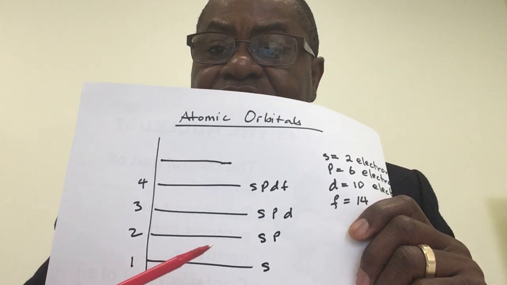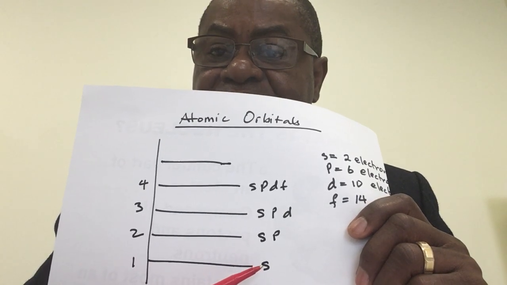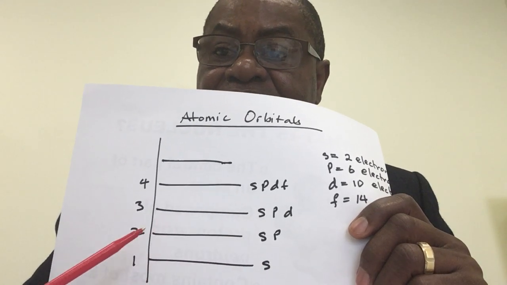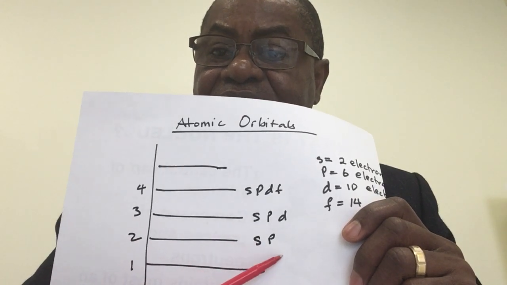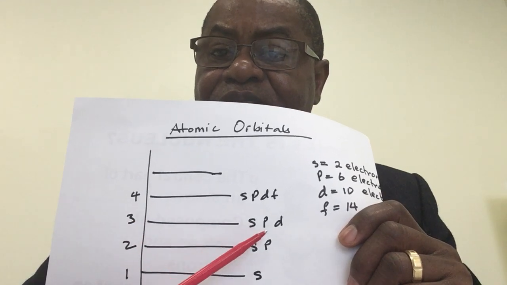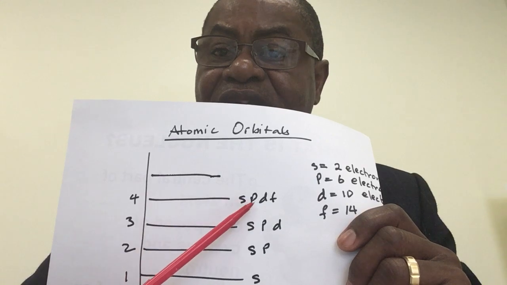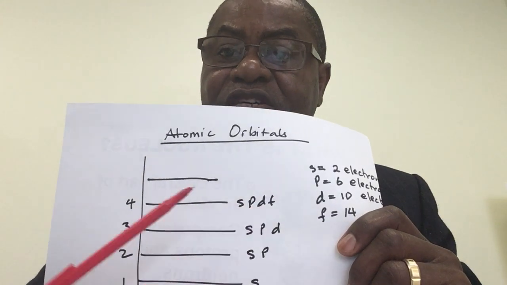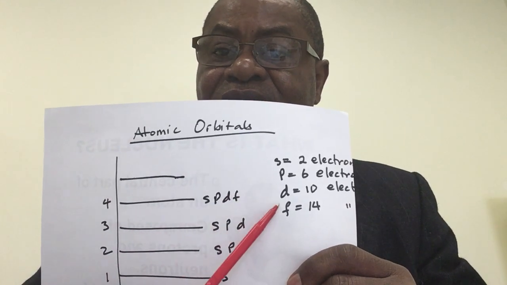Energy level 1 is represented by the S orbital. Energy level 2 has two kinds of orbitals, the S and P orbitals. Energy level 3 has the S, P, and D orbitals, and energy level 4 has S, P, D, and F orbitals. Each of these orbitals takes a certain number of electrons.